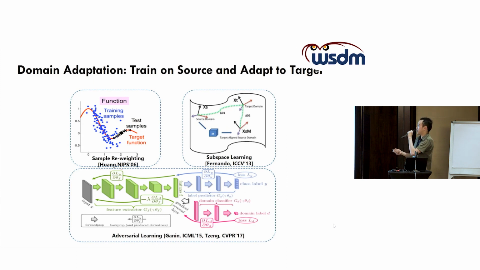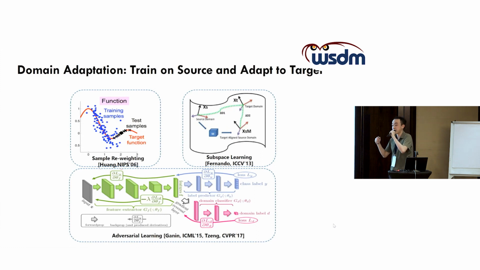But here the problem is that, for domain adaptation, no matter whether we do sample reweighting or subspace learning, we assume that the target domain, although unlabeled, should be available during the training phase.